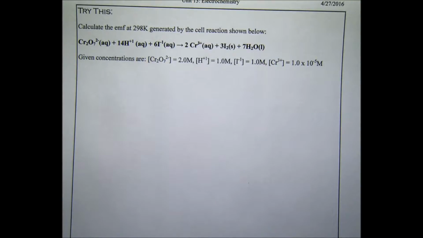So now we have to look at applying the Nernst equation, given the amount of various components, and basically making it non-standard conditions, we're going to determine what the cell potential will be. And the method for doing this is very, very similar over and over again.